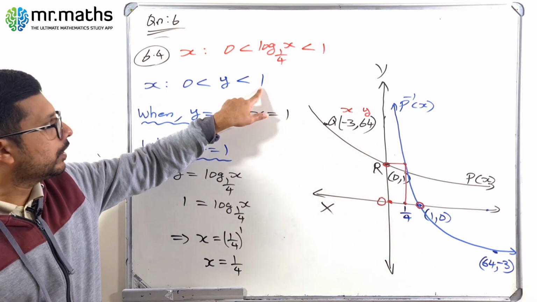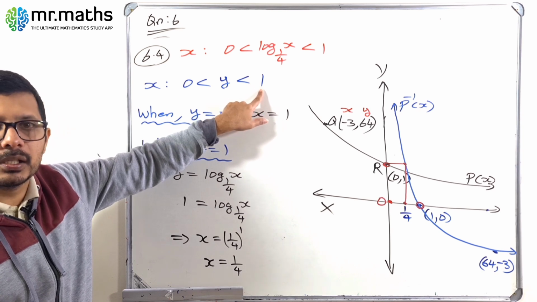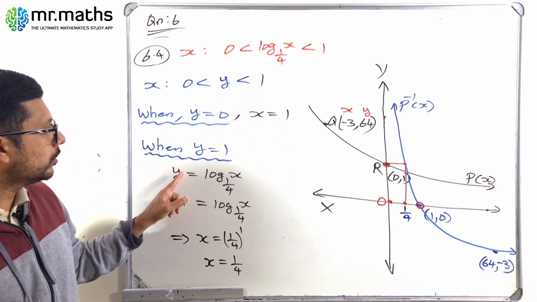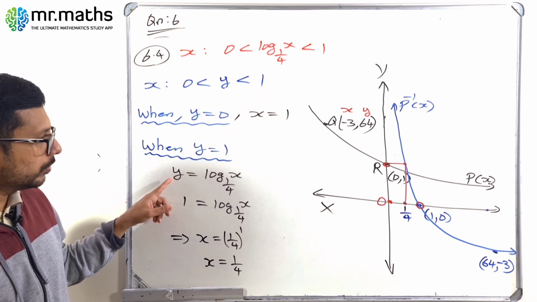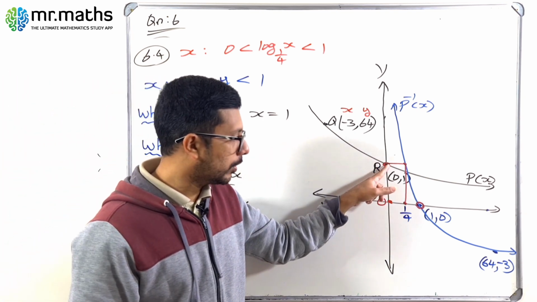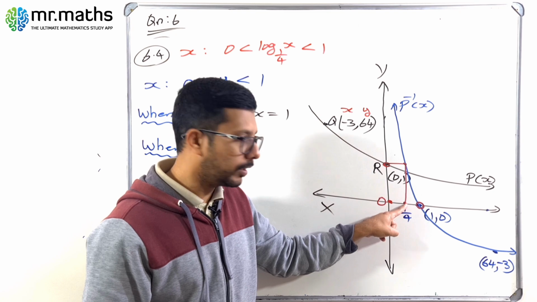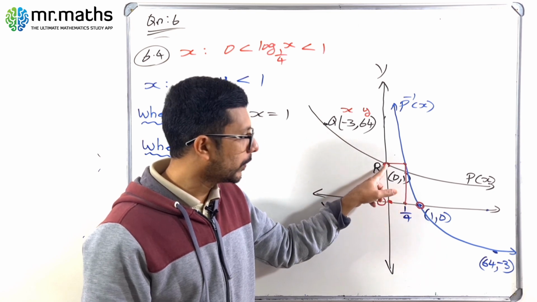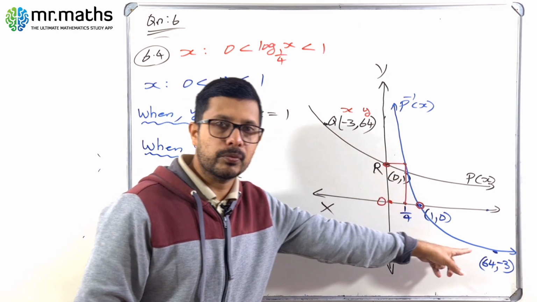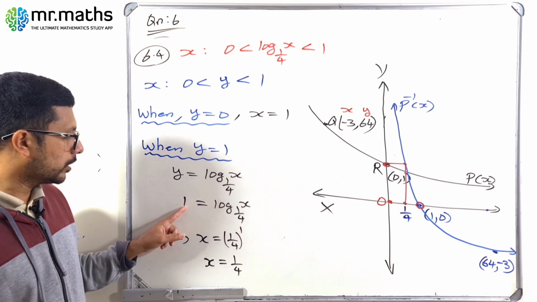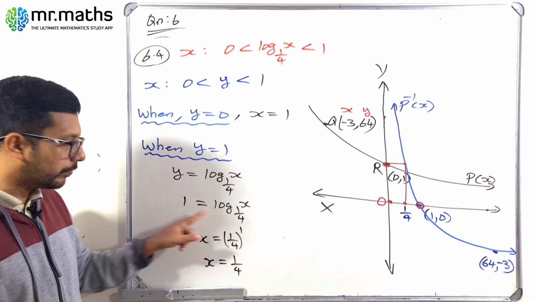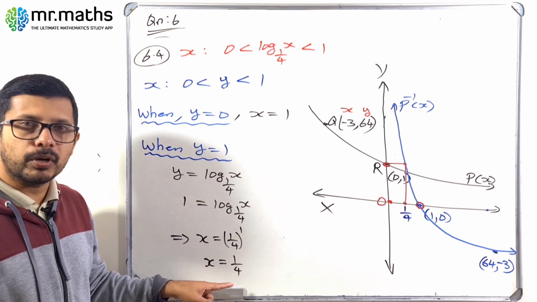Then I checked the value of x when y is equal to 1. Here y is 1 at this point. How can I find the corresponding x value? I know the equation of this graph, so in that equation I substitute the value of y as 1. From there, I got the value of x as 1 over 4.